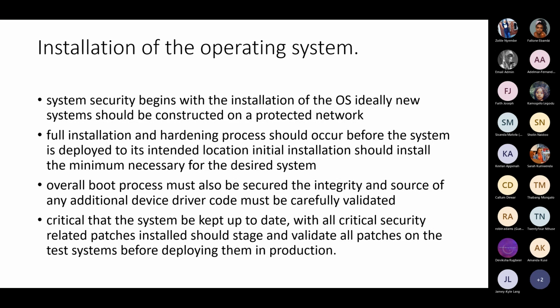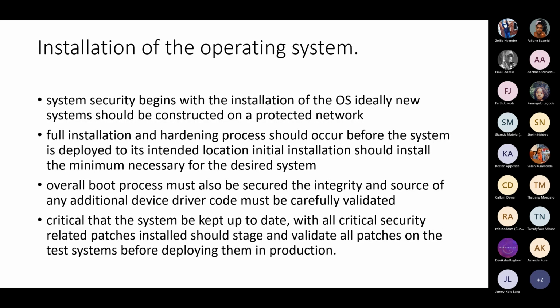Installation of operating system. So your hardening starts, it's not something you sprinkle on top. Okay, it's not something that you sprinkle on top. From the onset, when you are installing your operating system, you must have security in mind. So something like making sure that the network that you're actually installing this operating system on is secured. Okay, so system security begins with the installation of an OS.